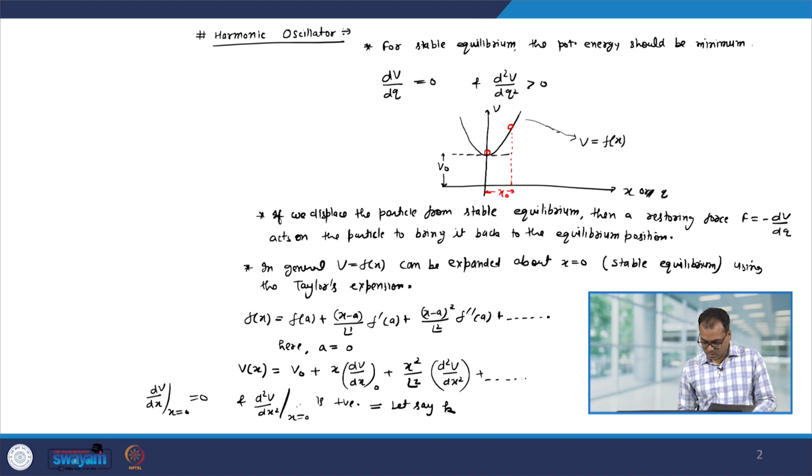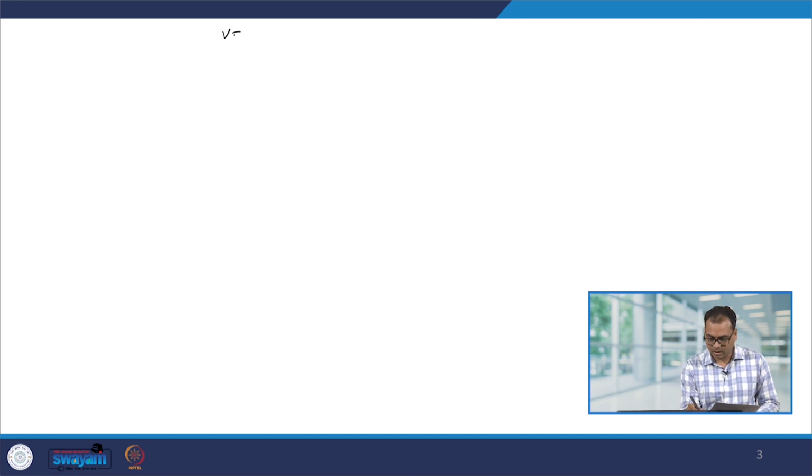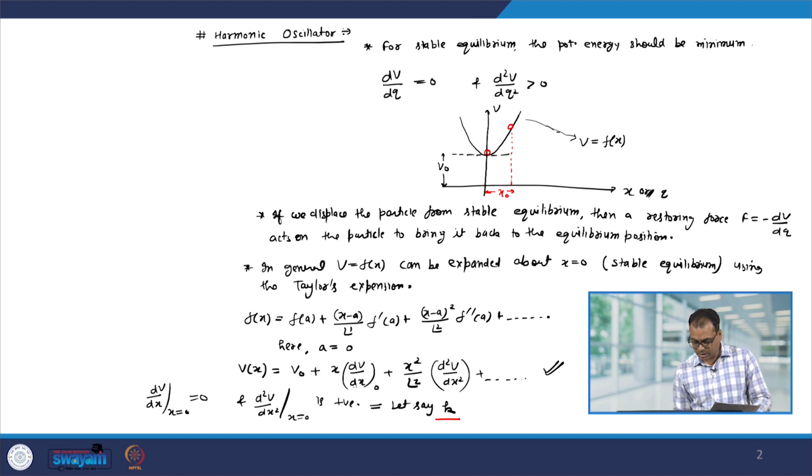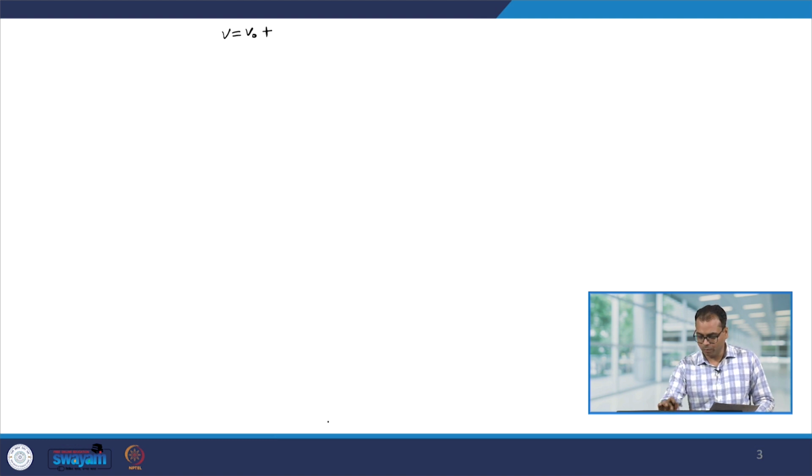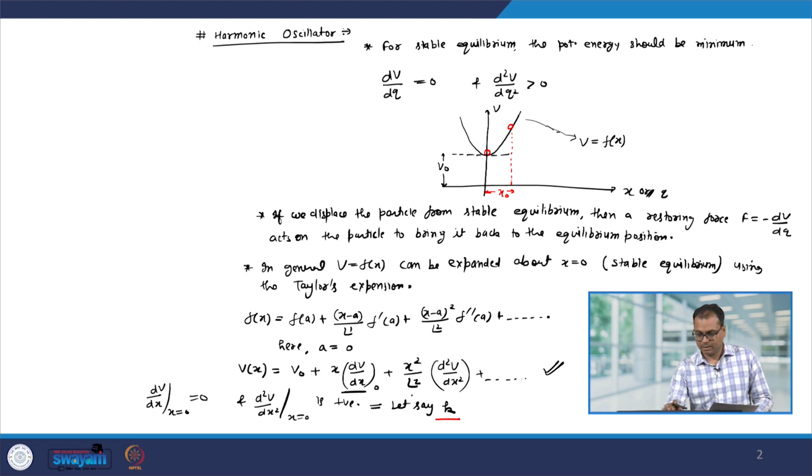Okay. So, therefore, I have V equal to, so we are looking at this equation, we have V equal to V naught plus this term is 0 because dV by dx is 0 plus x square over factorial 2 into k.